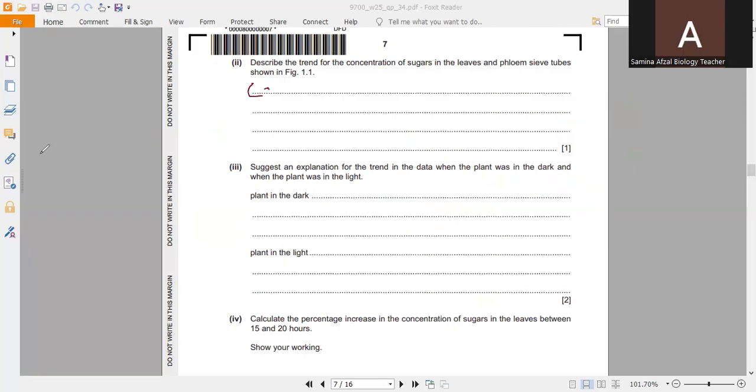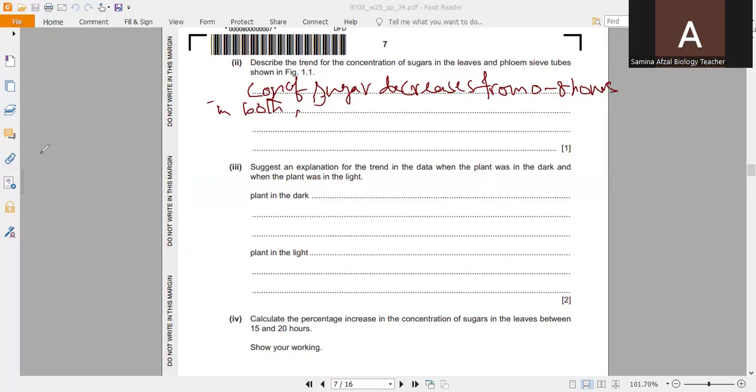The sugar decreases from 0 to 8 hours in both curves. Both curves are the same, but one has a little more concentration and the other has lower concentration.